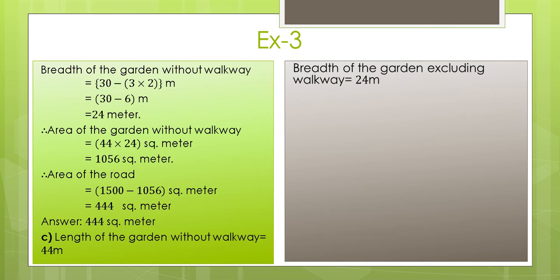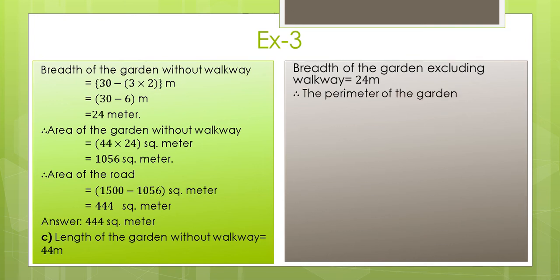Because question C is: how much cost will there be to make a fence at the perimeter of the garden excluding the walkway at the rate of taka 25 per meter. Here we need the length excluding walkway and breadth excluding walkway. That's why the length of the garden without walkway is 44 meter and the breadth of the garden excluding walkway is 24 meter.